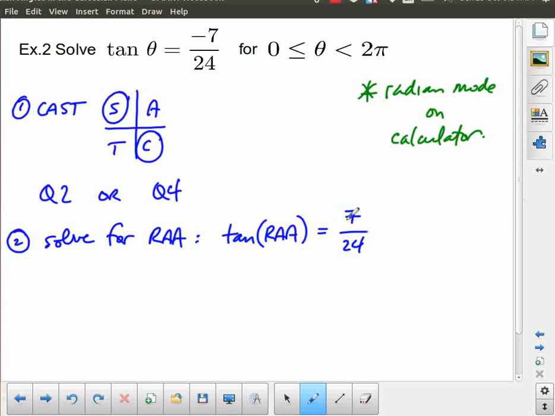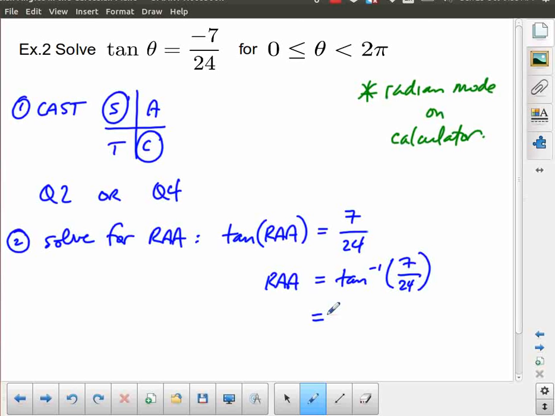So you see, I've gotten rid of the negative sign, and I'm just going to find out what the related acute angle is from this. So that's equal to the inverse tangent of 7 over 24. And that is equal to, again, making sure that my calculator is in Radian mode, which it is.